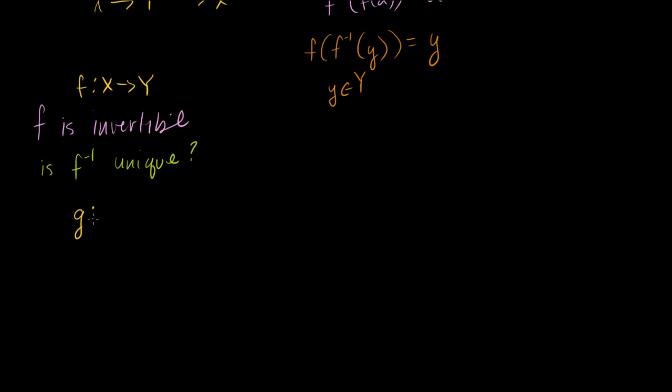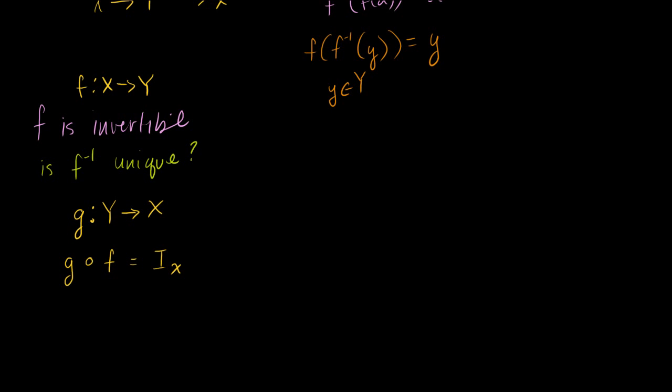Let's say that g is a mapping from y to x such that if I apply f to something, that gets me from x to y, and then when I do the composition with g, that gets me back into x. This is equivalent to the identity function.